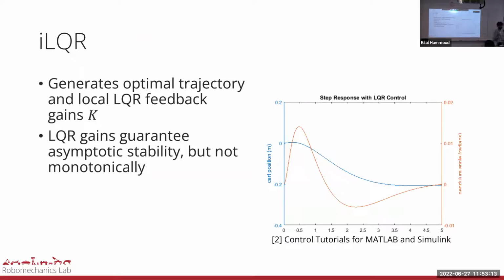The thing about iLQR is that you locally get these LQR feedback gains K for free. The issue is that in the continuous domains it guarantees asymptotic stability, but not monotonically. I'm showing here a plot of a classic underactuated cart-pole system, in this case non-hybrid.